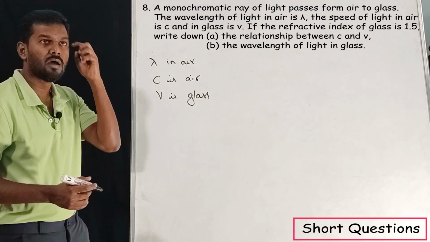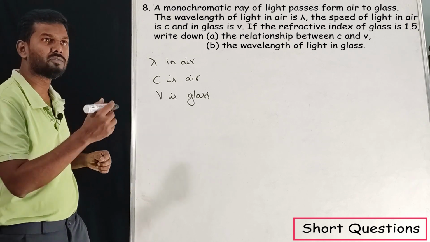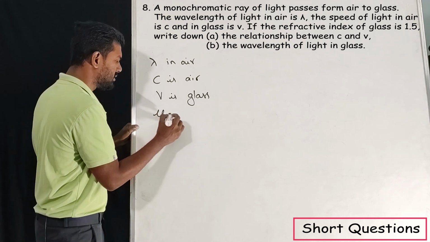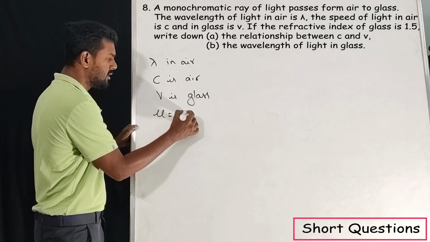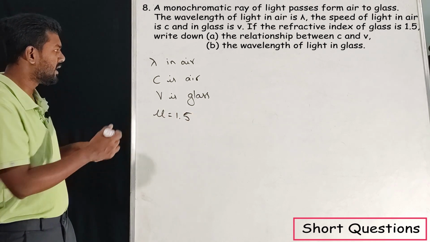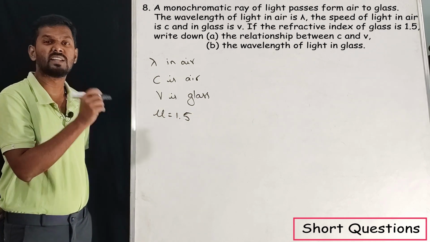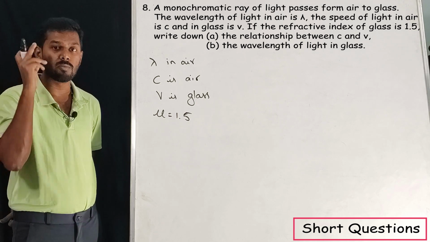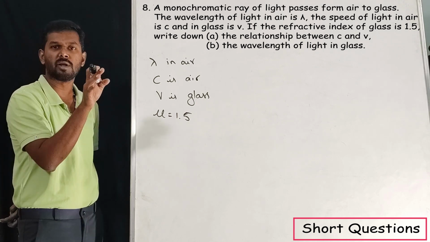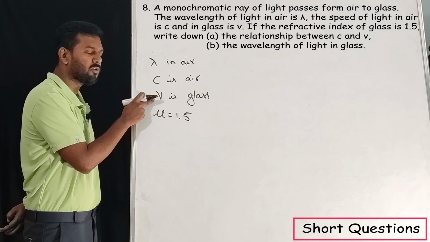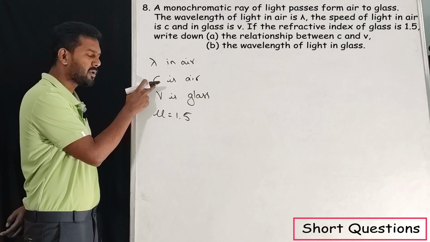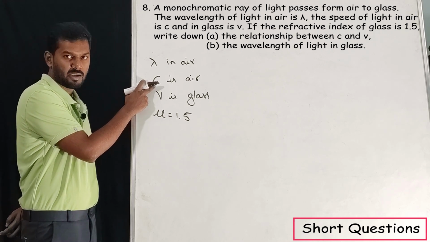Then the refractive index of the glass is 1.5. Whenever we write c, that is the speed of light in air or vacuum. Keep this in mind. For any other medium except air or vacuum, we go for v. So c represents the speed of light in air or vacuum.